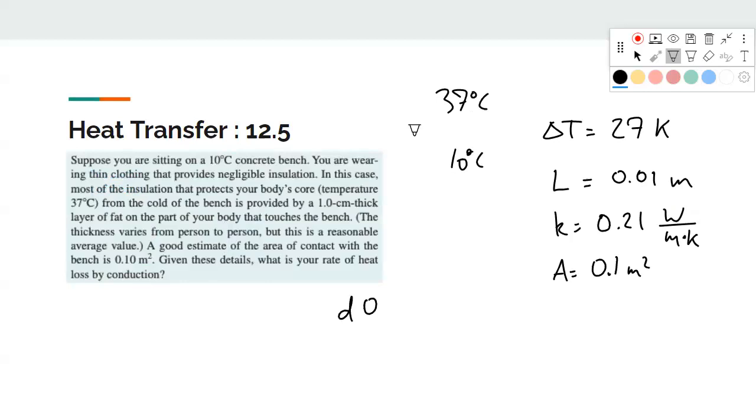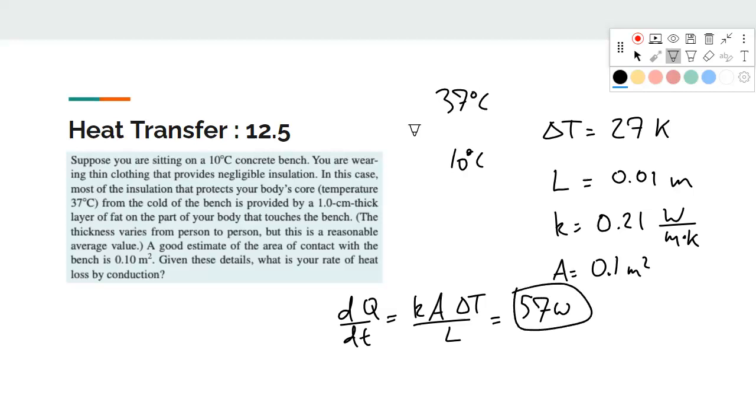We just say dQ/dt is K A delta T over L, and we know all of those things. So we can plug them in and get 57 watts.